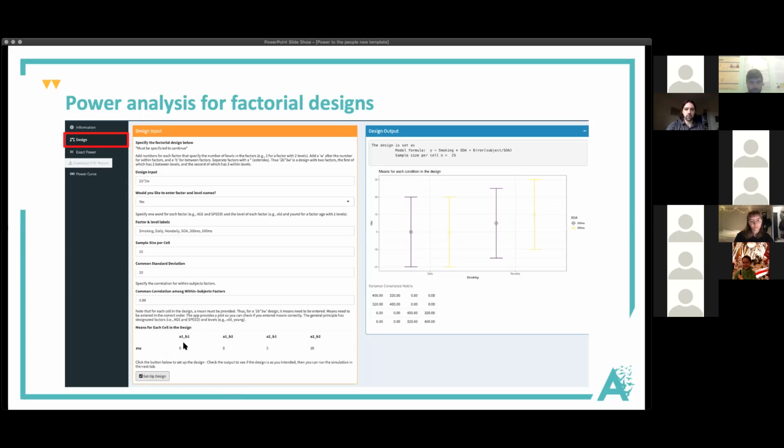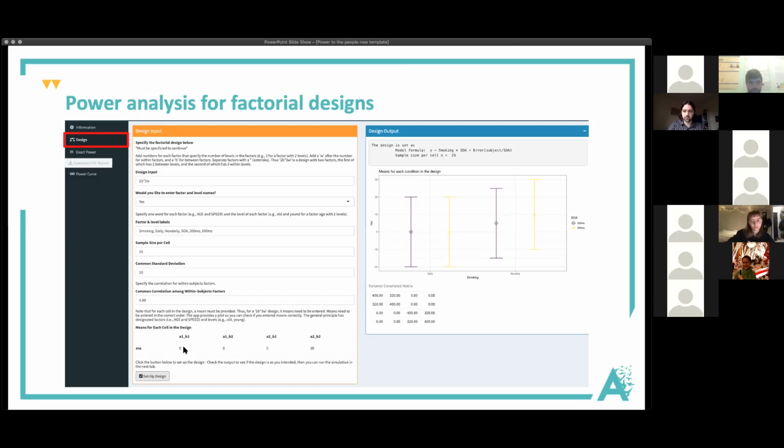And then the final thing that we need is to define the mean for each cell. So this follows the order that you entered the factor and level labels. So A and B being independent variable 1, independent variable 2, and then the numbers being which levels. So for both of the daily smoking groups, we're assuming a mean of 0.